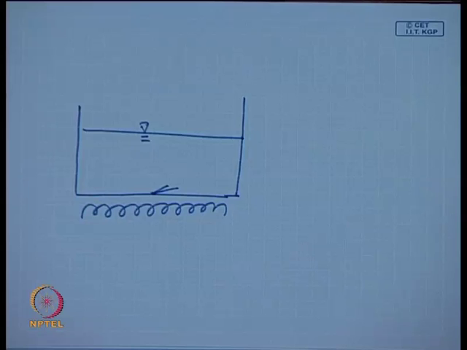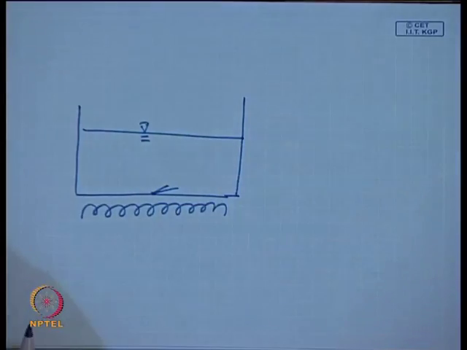You will find the surface temperature at which the evaporation takes place, at which we can identify that the boiling process has started. The temperature is not very much different from the saturation temperature. That means, at atmospheric pressure the saturation temperature will be 100 degree Celsius, and probably at 102, 3, 4 degree Celsius we will have the boiling from this surface.